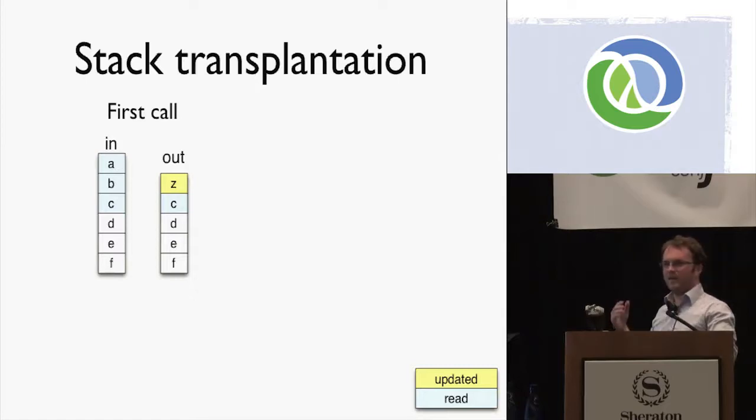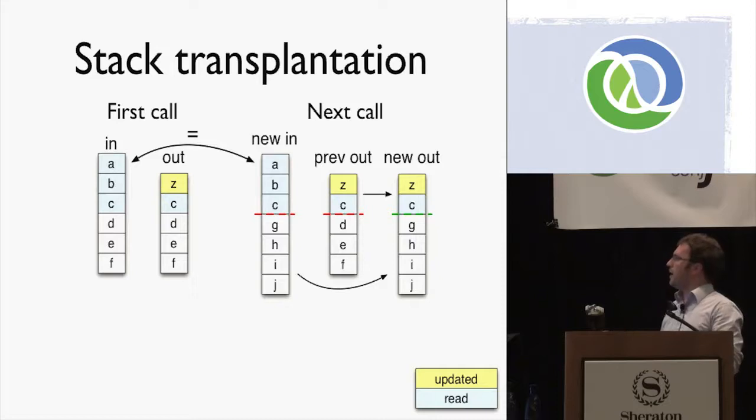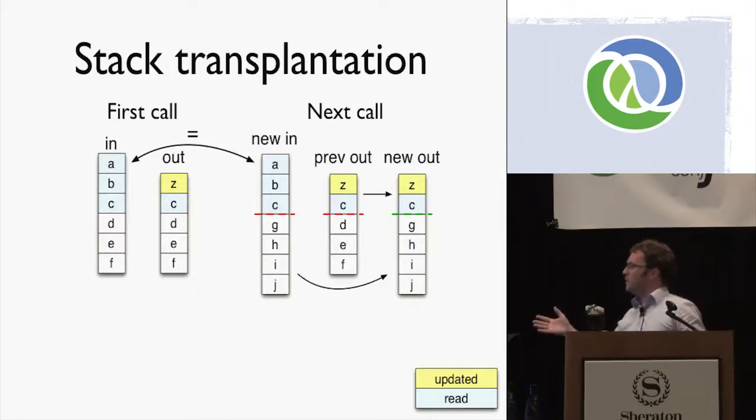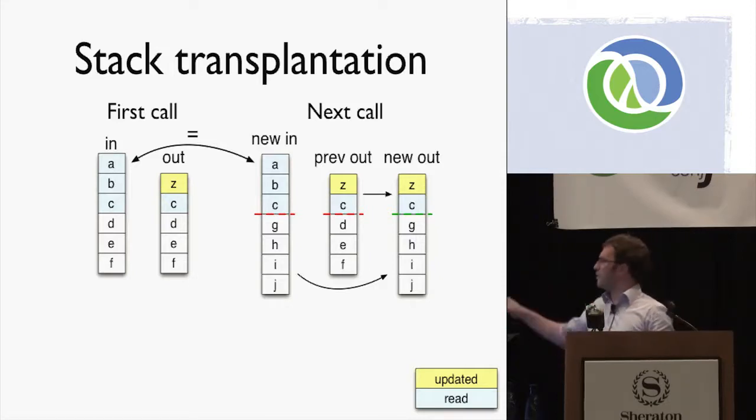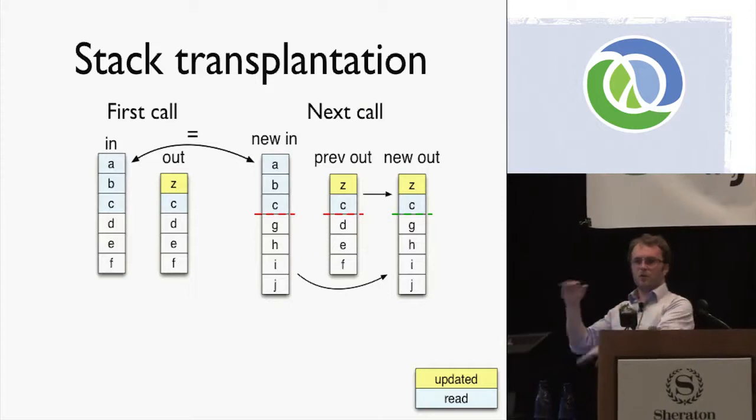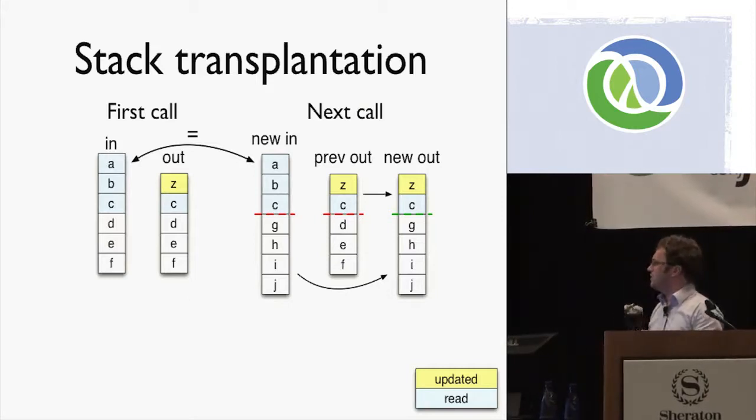So it means that when the next call arrives, if the new stack has changed but still has A, B, C at the top, I can take the bottom of the new stack and the top of the old result and graft them together. And this is what I call transplantation.